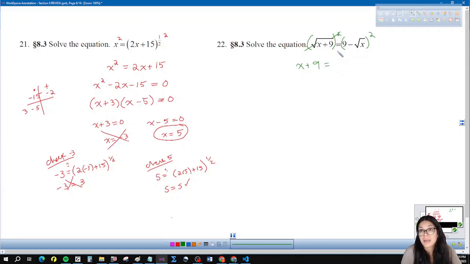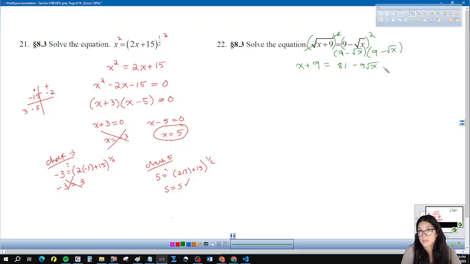Now on the right side, I am going to have 9 minus square root of x multiplying by 9 minus square root of x. So it's two copies of that 9 minus square root of x. I can't just distribute the power, okay? The power rule only works when I distribute the power inside of the parentheses when I only have one term. So in this case, I will just do 9 times 9, which is 81. 9 times negative square root of x, which is negative 9 square root of x.